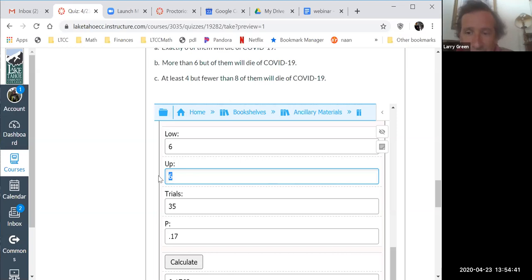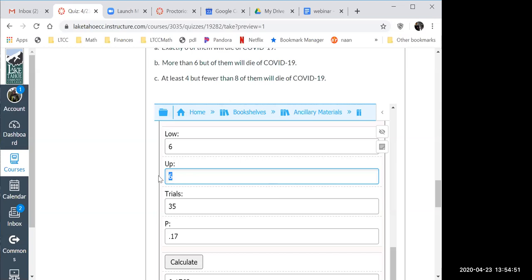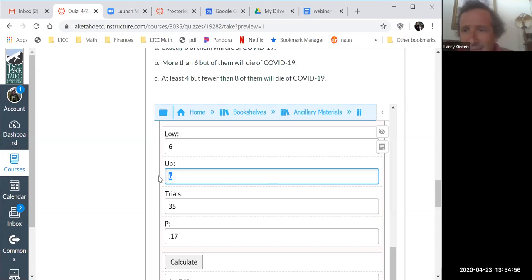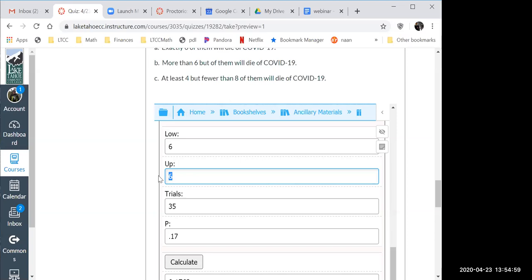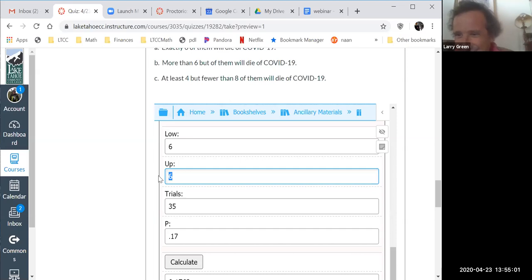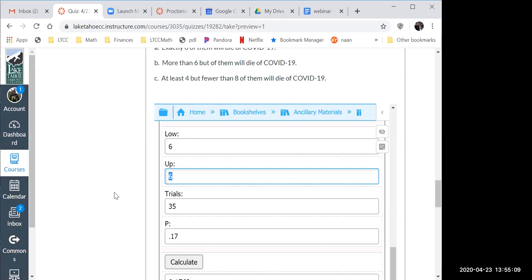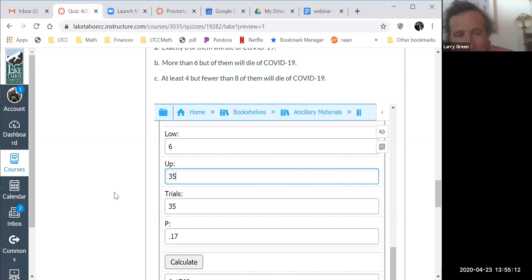If it's more than 6, what's the highest number it could be? 7 is more than 6, but it could be 8, and 8's more than 6 also. So the highest number it could be if it's more than 6 is 35. Right? Everybody could die. I mean, it would suck, but that's the highest possible number.